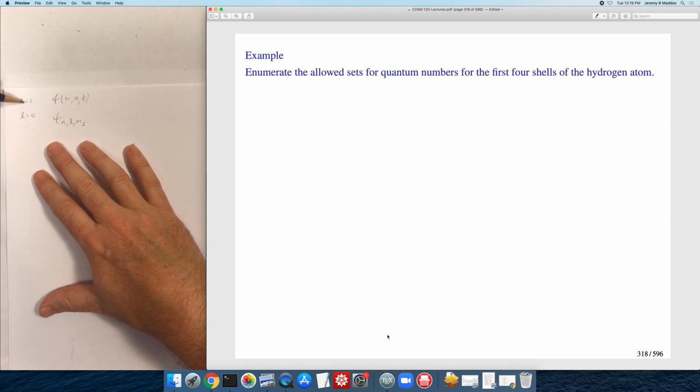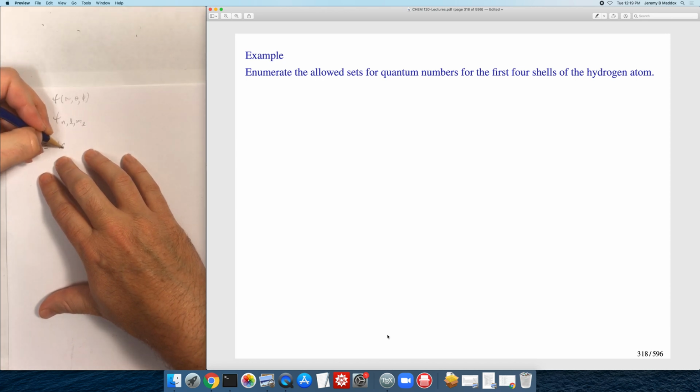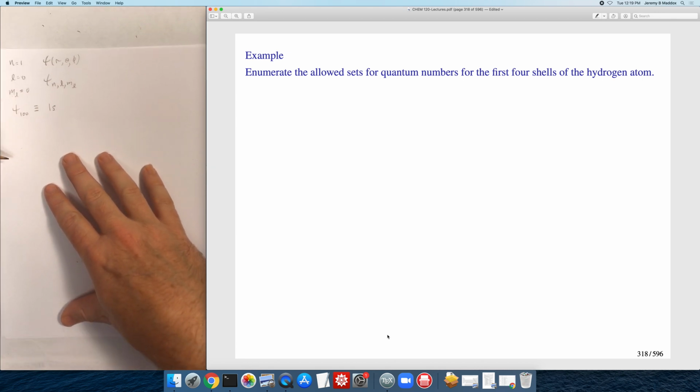Again, going back to the n equals 1 case, we have L equals 0 is possible only for n equals 1, and then when L equals 0, the only possible value of m sub L is also 0. So we would denote the atomic orbital for this combination of quantum numbers as psi 1, 0, 0. And we call this a 1s orbital. Let's talk about the n equals 2 shell.